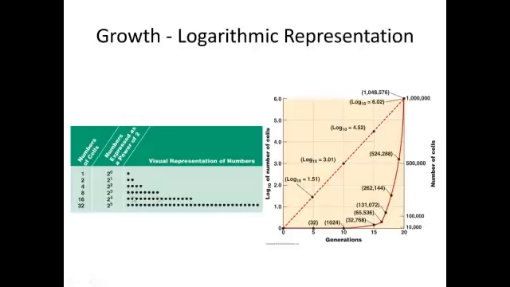From those 4 you get 8. From those 8 you get 16. From 16 you get 32. So through every round of cell division, you double your numbers. And if we were to graph that, it would look something like this. We poke along, and all of a sudden, woohoo!